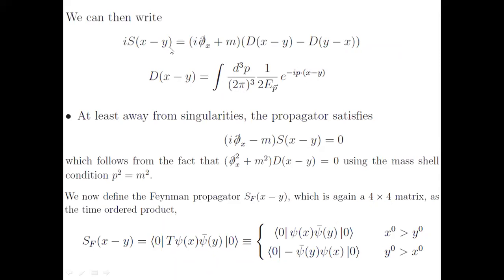So what is the significance? If we again act on S(x minus y) with the i del-slash_x minus m operator, where this is the derivative with respect to x, we get 0.